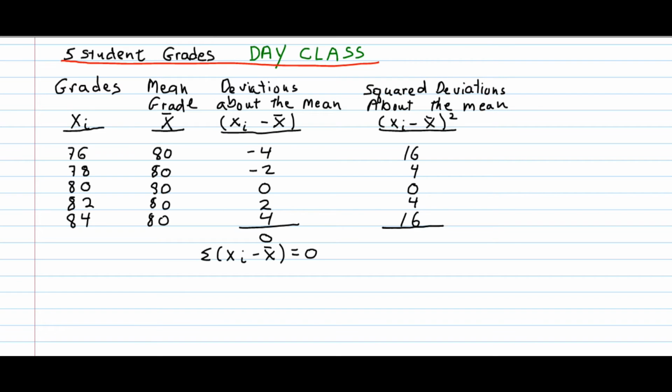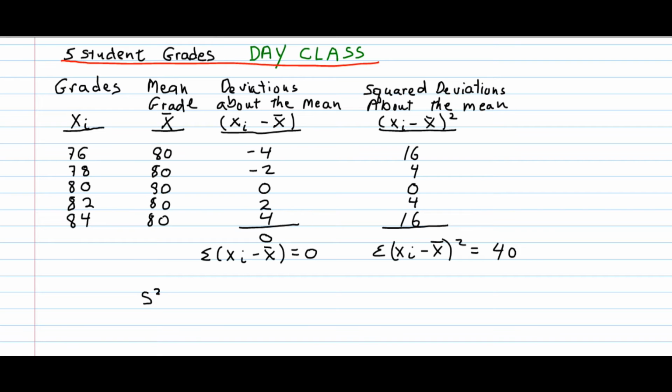And now, if we add that up, we get the sum of the x sub i's minus x bar squared. If we add up all of those numbers, 16 plus 16 is 32, plus 4 and 4 is 8, 32 plus 8 is 40. So we get 40.